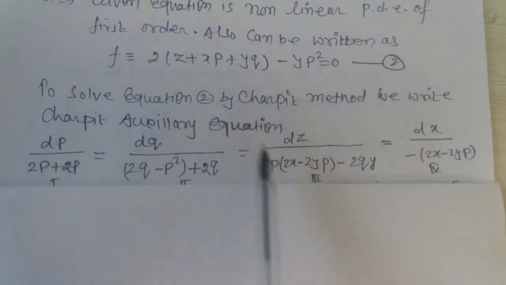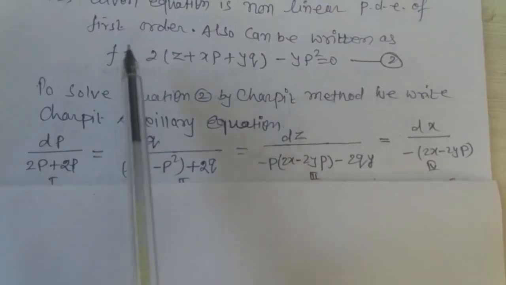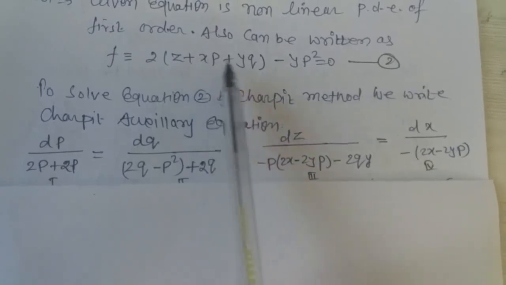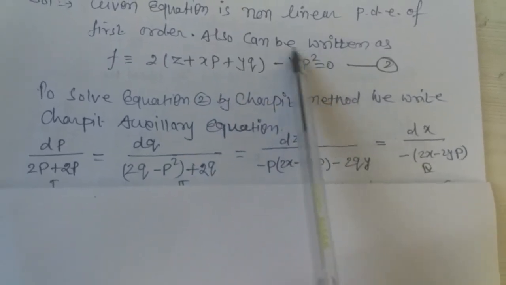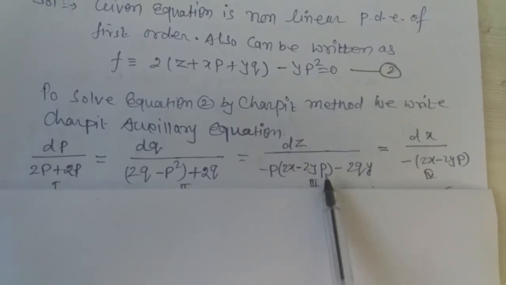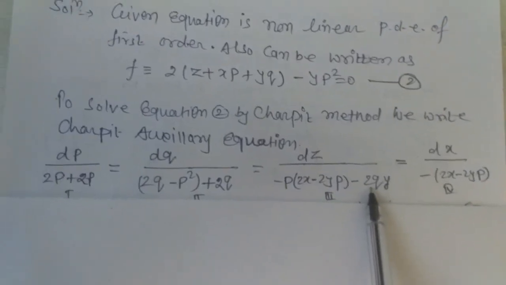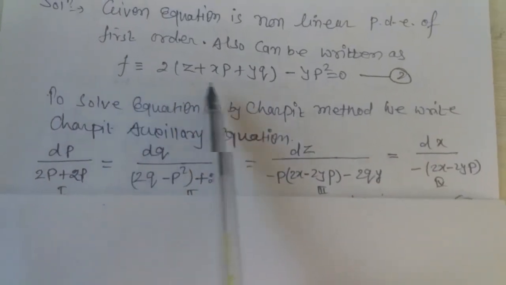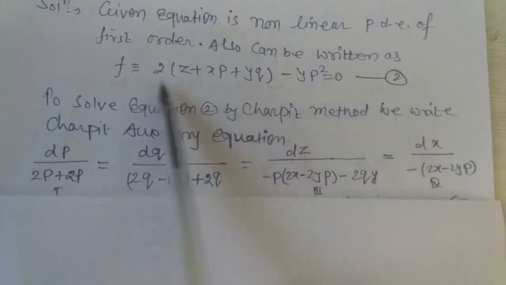dz upon p del f by del p plus q del f by del q. The partial derivative of f with respect to p, we get 2x from here minus 2yp. So 2x minus 2yp. Then q del f by del q, the partial derivative of f with respect to q, we get 2y.